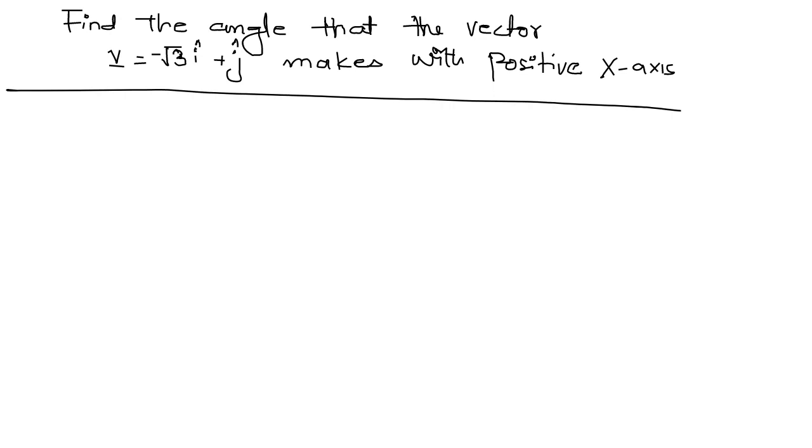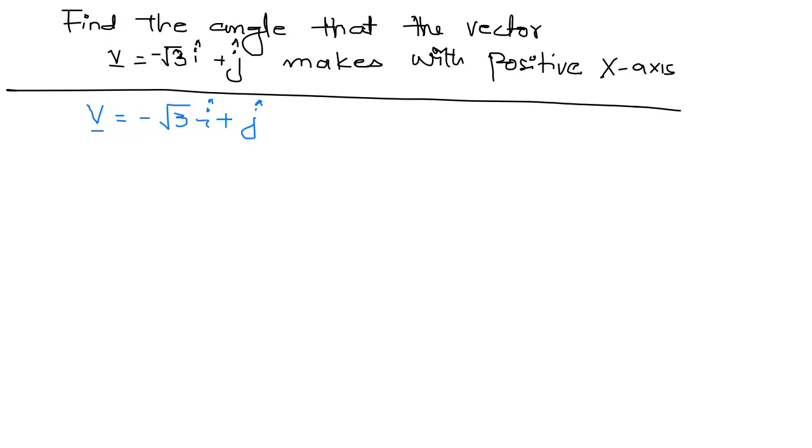Now what is given? Vector v is given, which is equal to minus square root of 3 i plus j, and we have to find the angle.